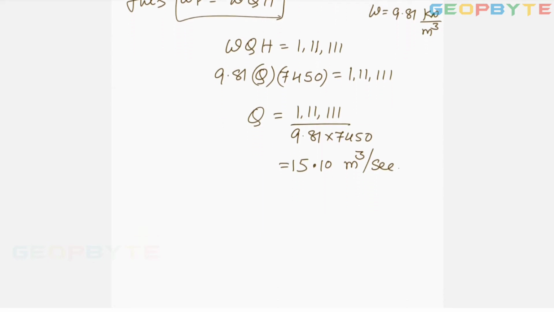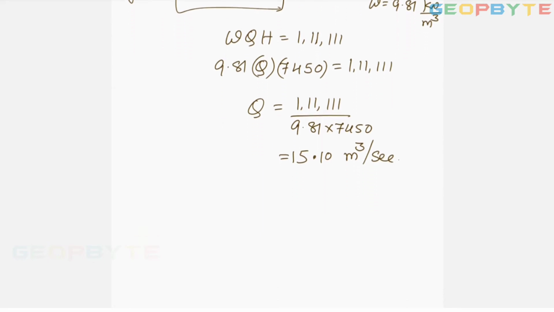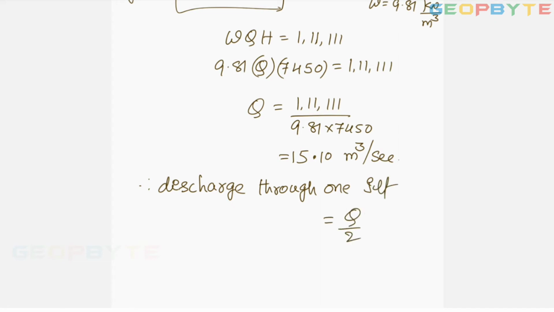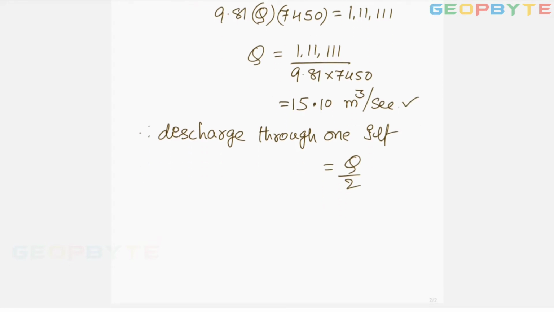But it is given that two jets are used for the turbine, therefore discharge through one jet equal to capital Q by 2, because this is the total discharge.